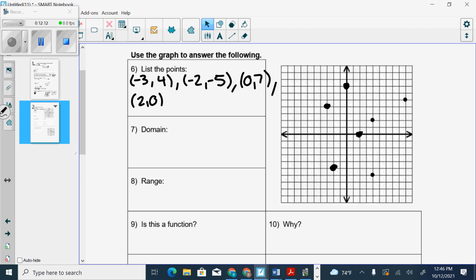What about this one? Good. And this one? 4, negative 6. And then the last one, this one over here.